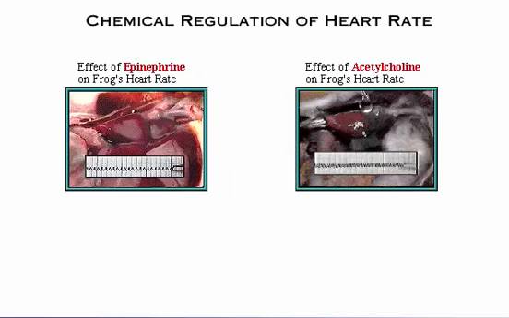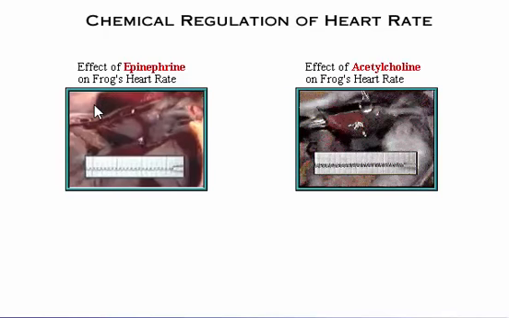To see videos that show the effects of epinephrine and acetylcholine on a frog's heart, click the appropriate picture. After allowing the heart to beat at baseline rate for several minutes, the heart is then given a few drops of a 1 to 1,000 solution of epinephrine.